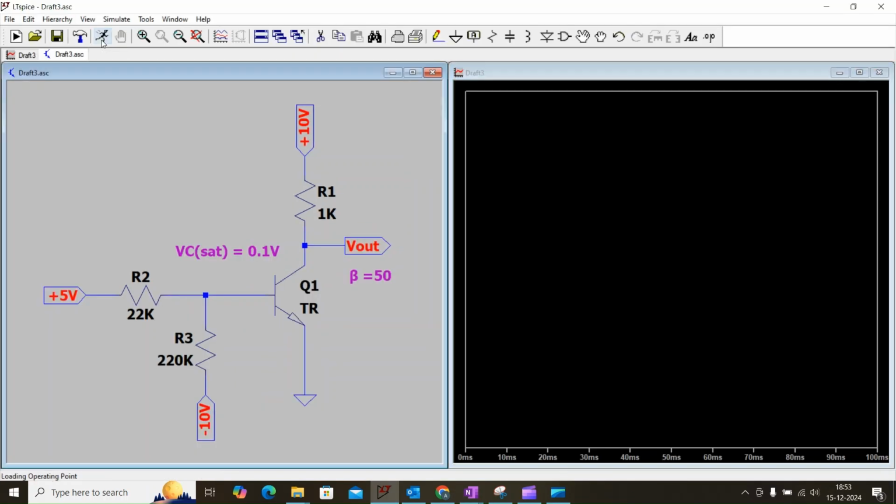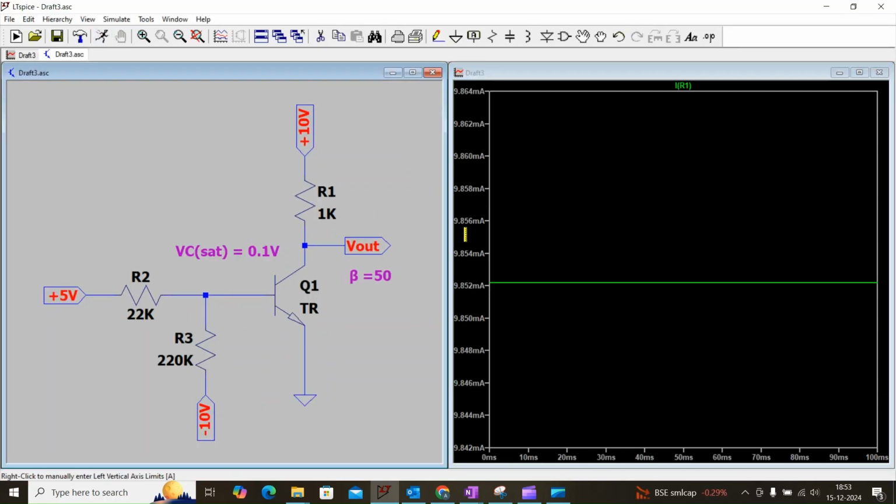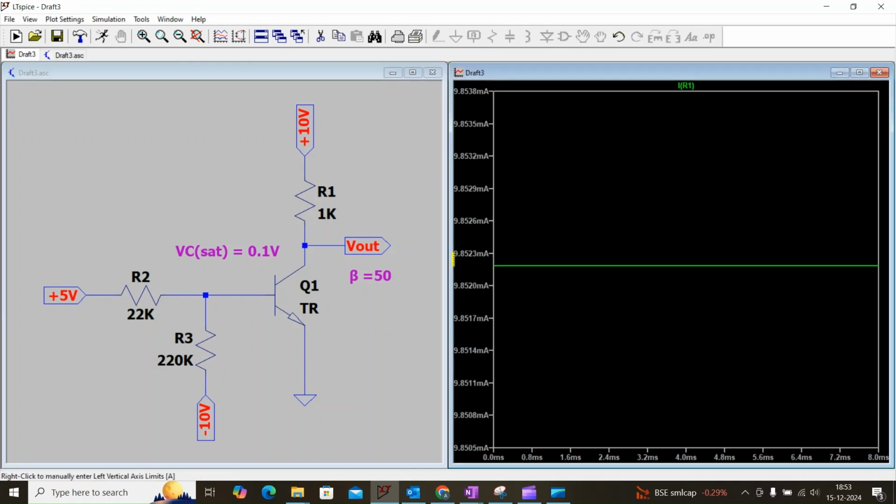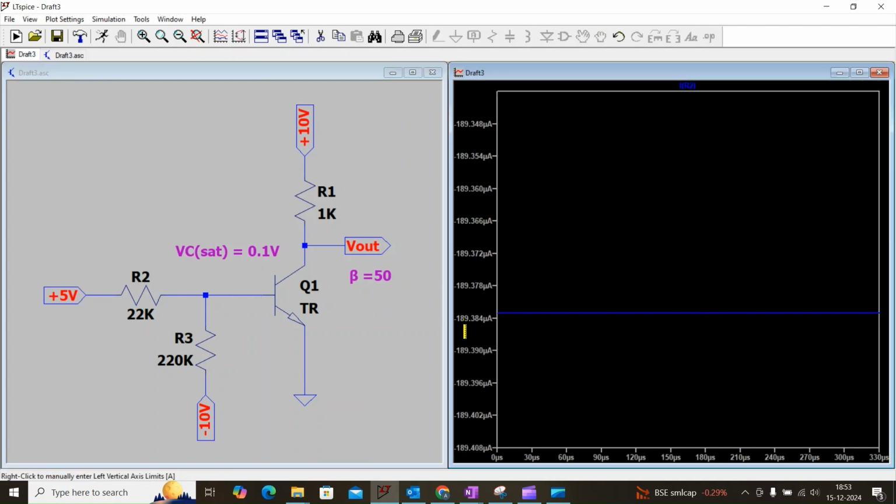When I run this circuit, we can see the collector current IC is around 9.8 milliamps. Base current IB is equal to 0.198 milliamps. So we can tell that this transistor circuit is operating in active region.